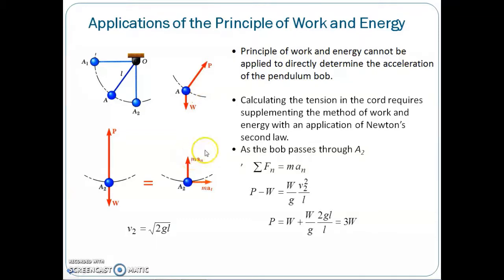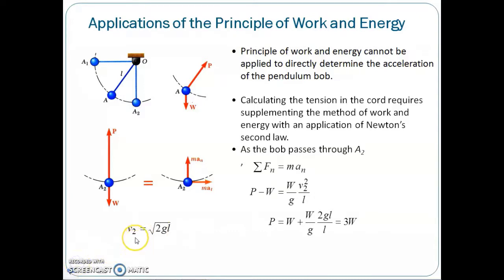Or, for example, in calculating the tension in the cord of these pendulums, we need to draw a free body diagram together with the expressions of Newton's second law in terms of tangential and normal components before we can solve for the accelerations and the tension of the bob.